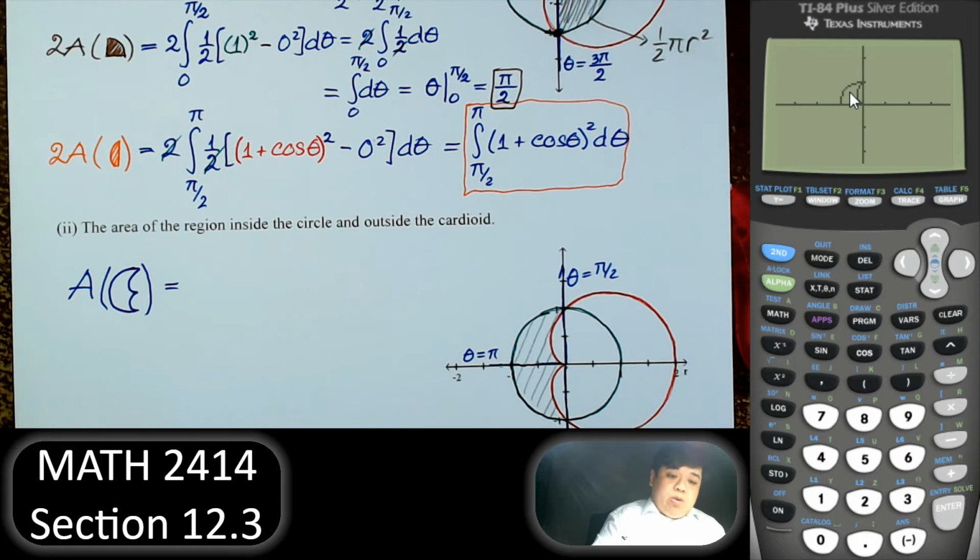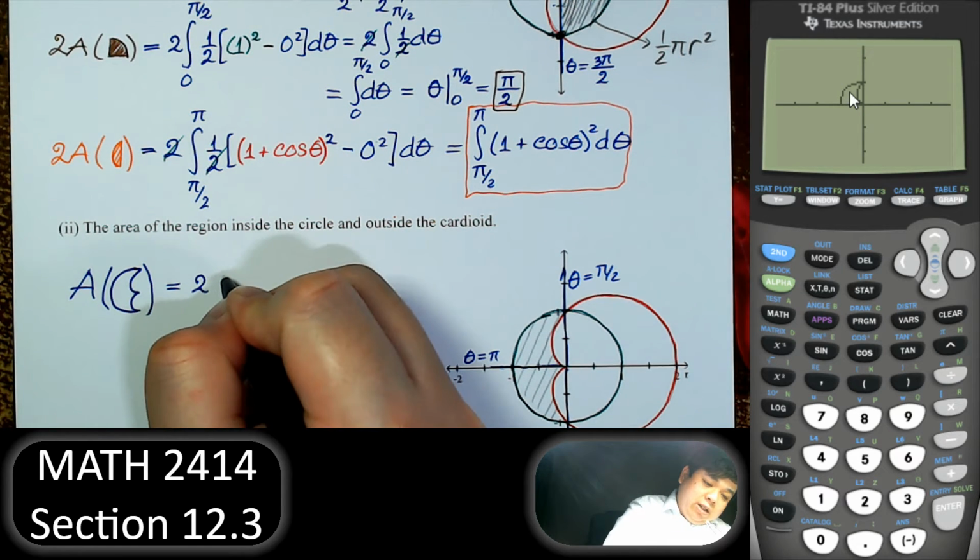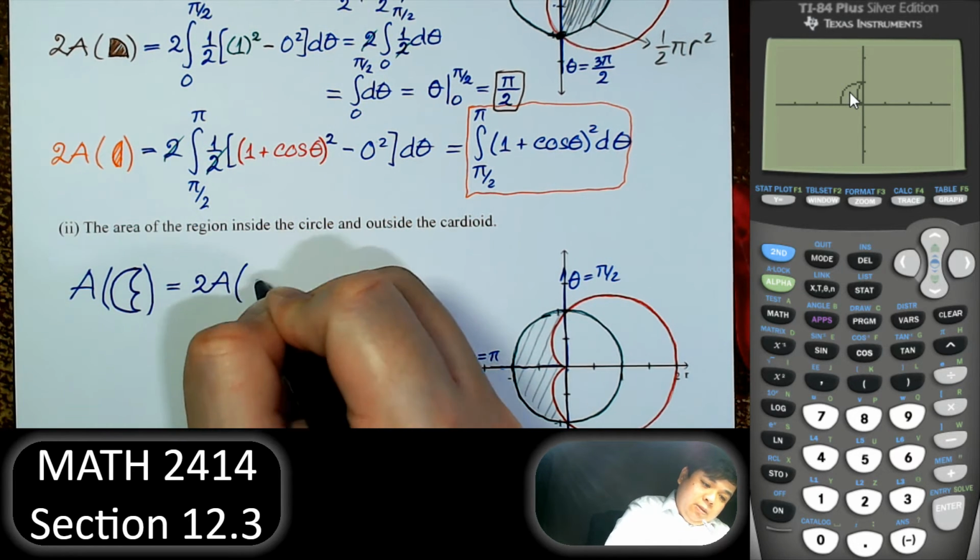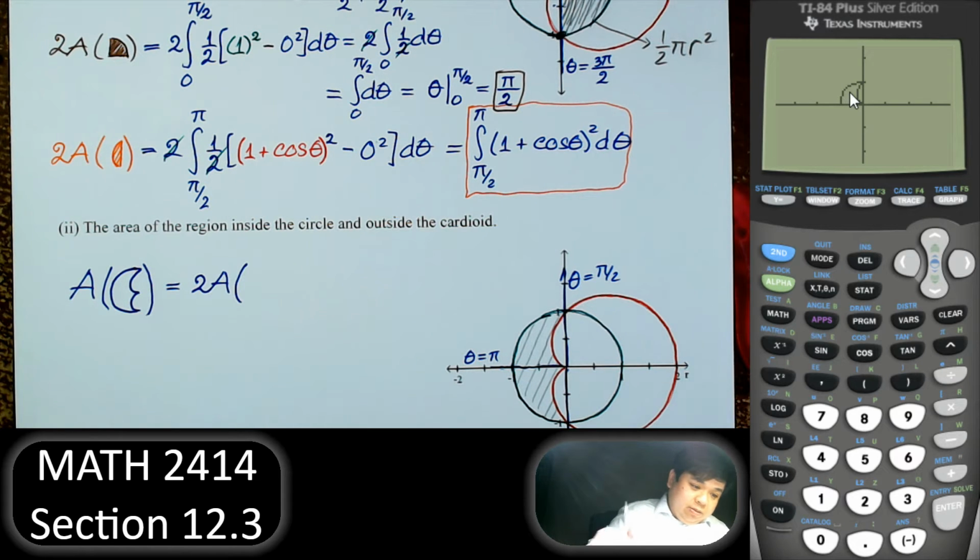Now, because of symmetry, we can find 2 times the area of just the upper half.